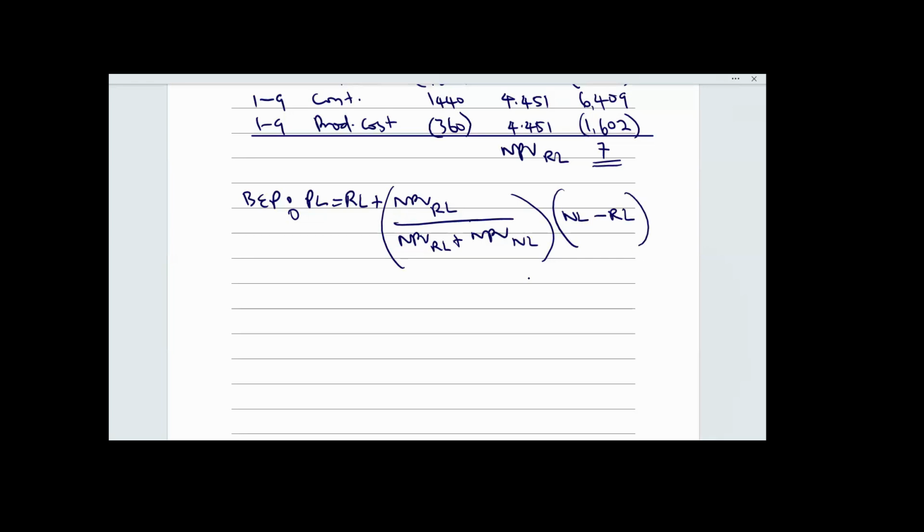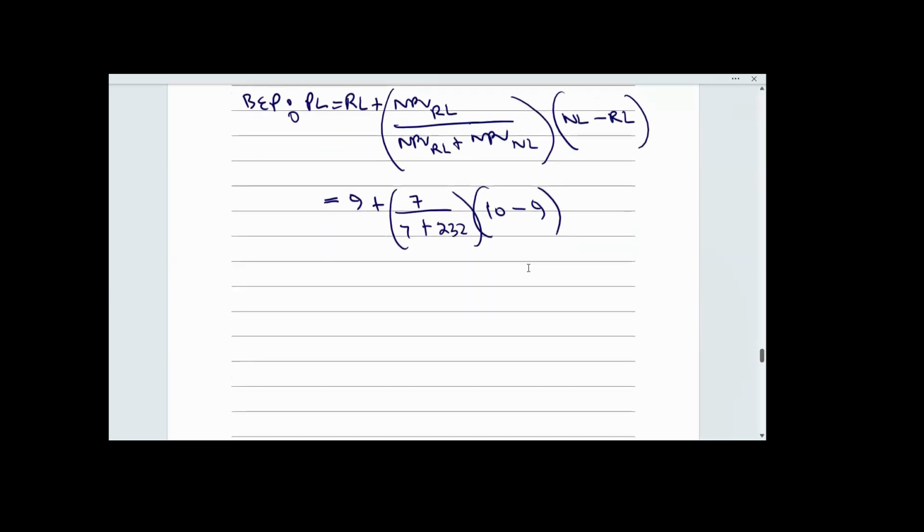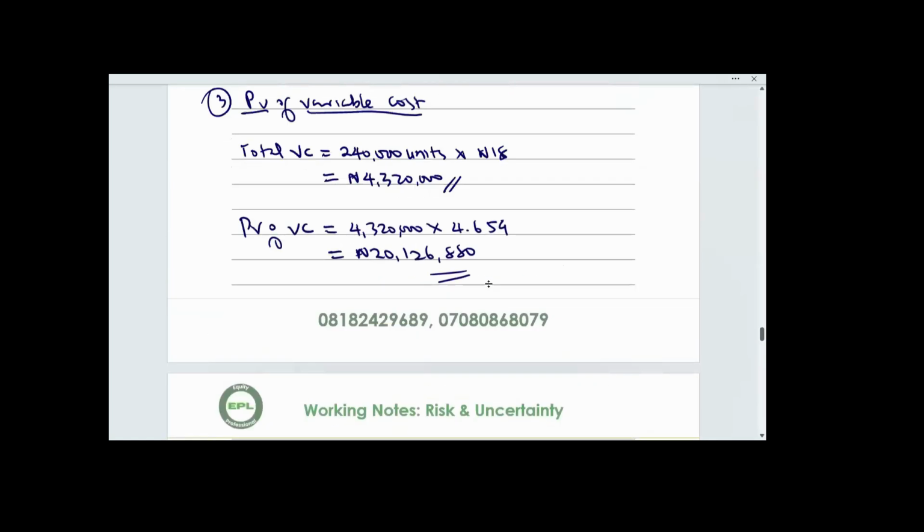In this case, reduced life is 9 years, plus NPV of the 9 years is 7, divided by 7 plus NPV of normal life, 232. Normal life is 10 years, reduced life is 9 years. So 7 divided by 239 multiplied by 1, that's 0.03. Then plus 9, this will give us 9.03 years. That's the break-even point of the product life, 9.03.